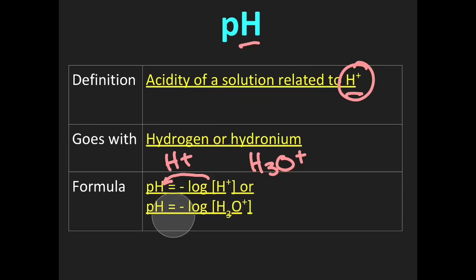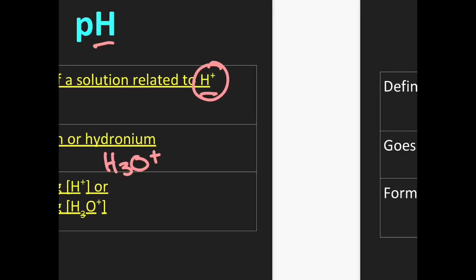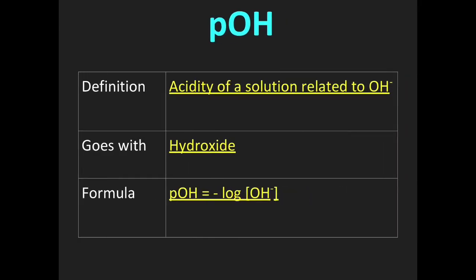So you're going to use the negative log and you're going to go back to your pH and pOH. So pH, and then you have your pOH. So pOH is the acidity related to your OH concentrations. Remember, OH goes with OH. They always go with each other.